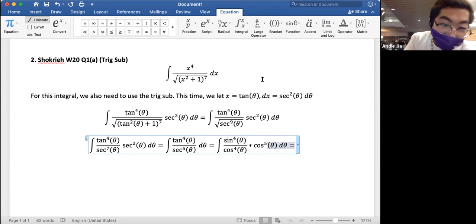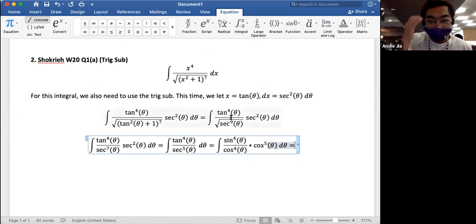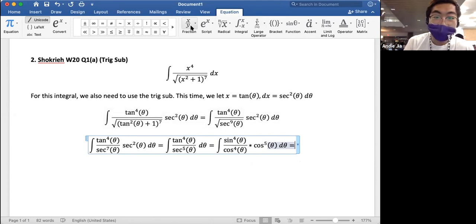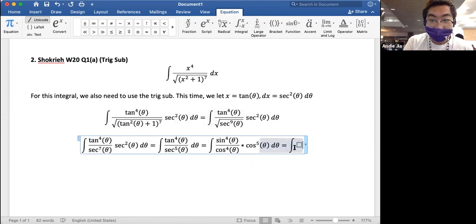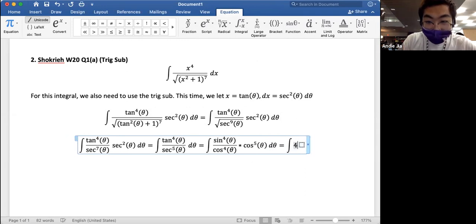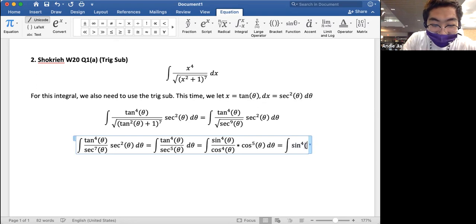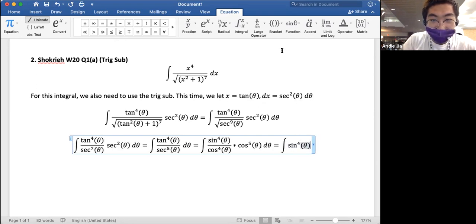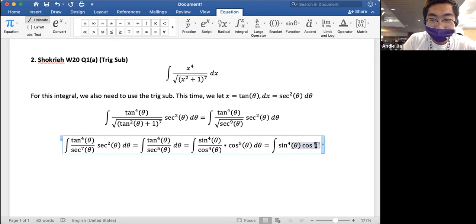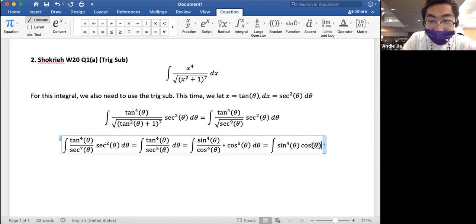And then you just make sure it's cosine, the first number, and then always.